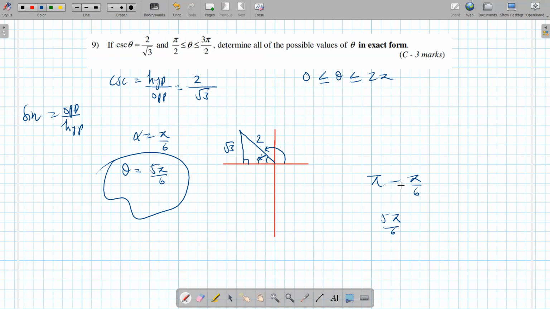If it's from 0 to 2 pi, that means there must be another quadrant where cosecant is positive. That's going to be in quadrant 1. So our answer would include both of these angles, because you can draw a triangle in quadrant 1 with those ratios, and the angle would still be pi over 6. That makes sense?